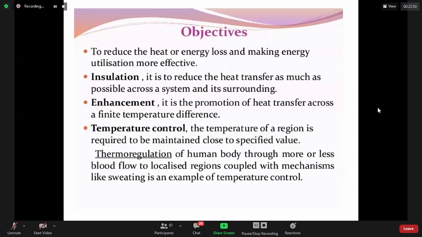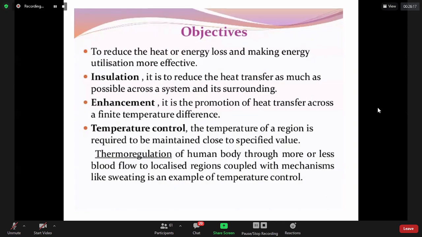Now the temperature control: the temperature of a region is required to be maintained close to the specified value. Through more blood flow is an example of temperature control.